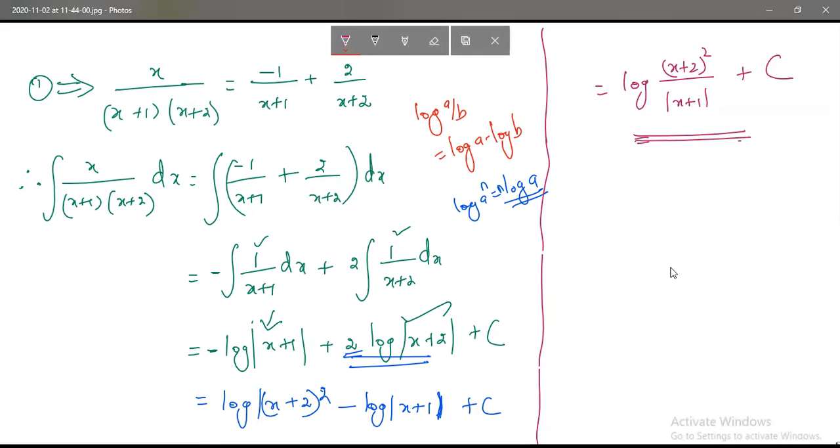So we will move to the next problem, which is the second question.